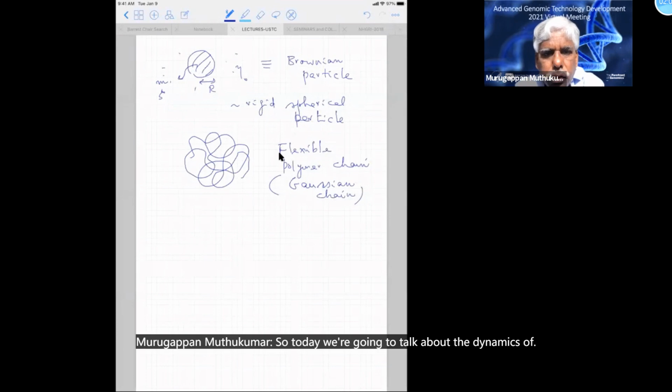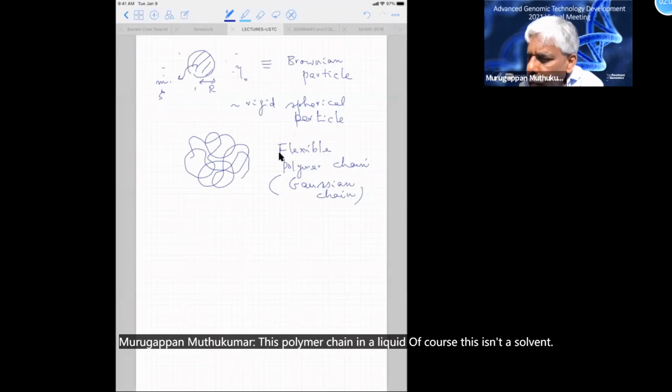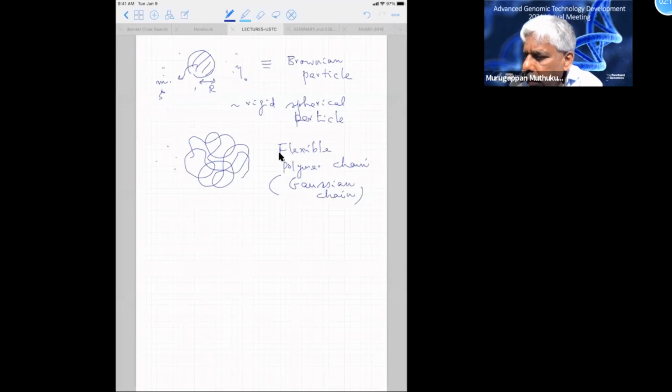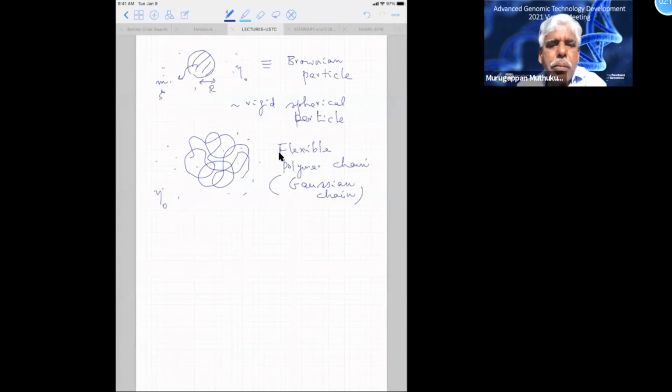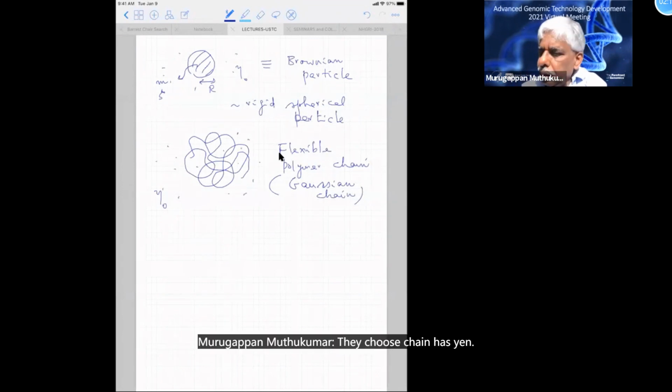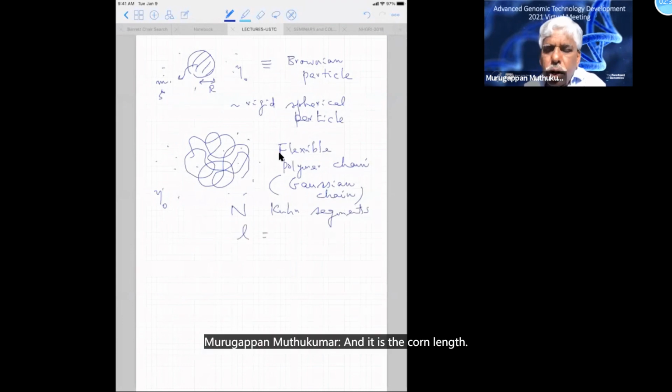So today we are going to talk about the dynamics of this polymer chain in a liquid, of course. This is in a solvent, and the solvent has a viscosity eta 0. The chain has N Kuhn lengths, and L is the Kuhn length, the segment length.